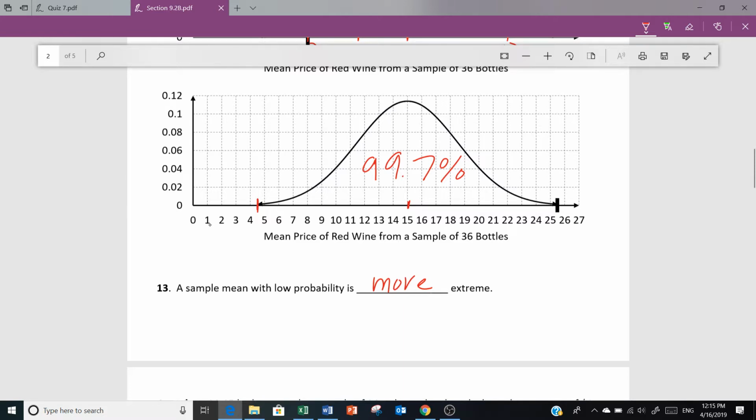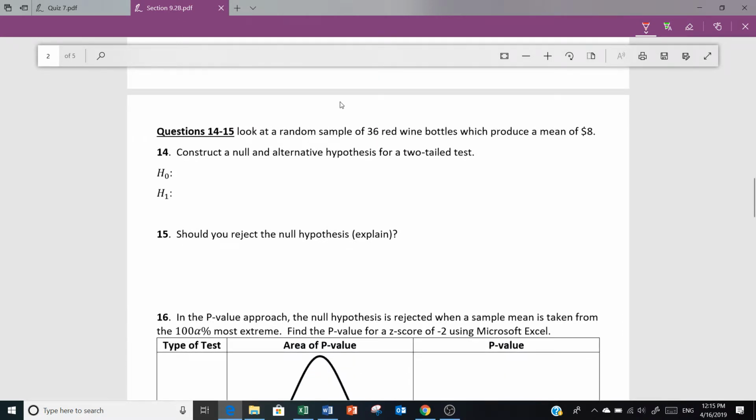So let's use that information for 14 here. Let's see if we can construct a null and alternative hypothesis and decide whether we're going to reject or not. Groups of two, think, pair, share. This may be the same one as last time, so make sure to write the correct value for the null and alternative hypothesis.